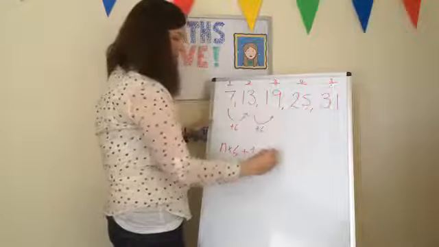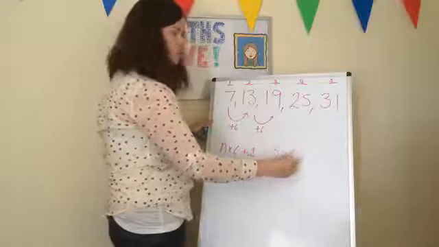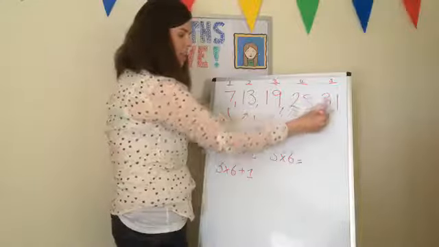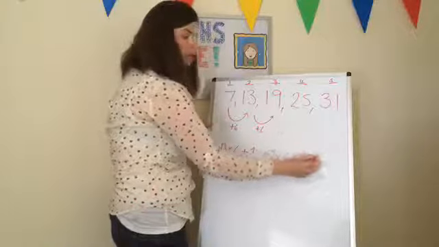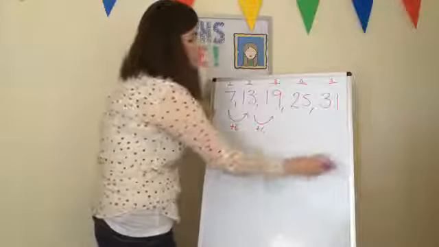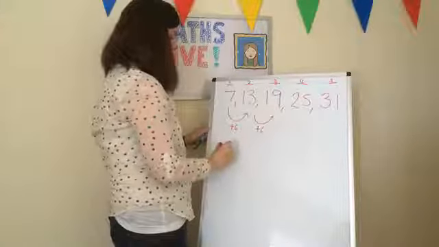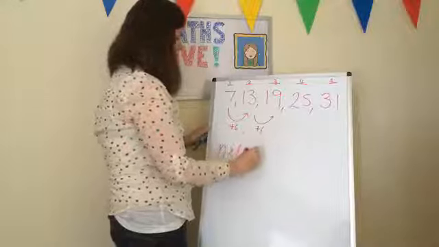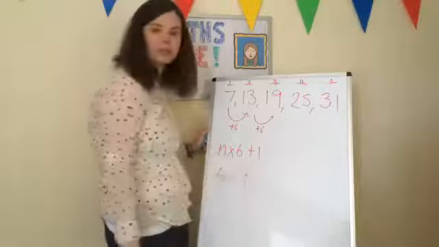Okay, so if I do 5 times 6, which is 30, and then I add the 1, that's 31. Okay, so the formula to make this sequence work is n times 6 plus 1, or you can do 6n plus 1. It means exactly the same thing.